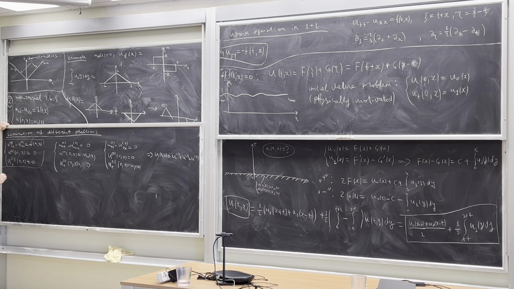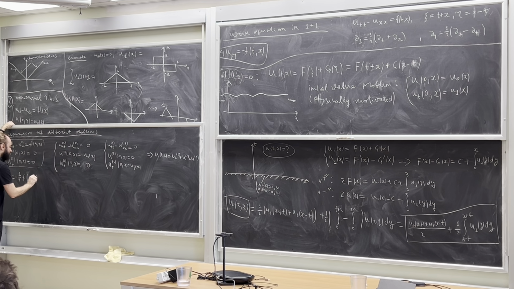So our equation becomes u eta xi equals minus 1/4 f of t and x. Maybe at this point it is better to express t and x in terms of eta and xi.